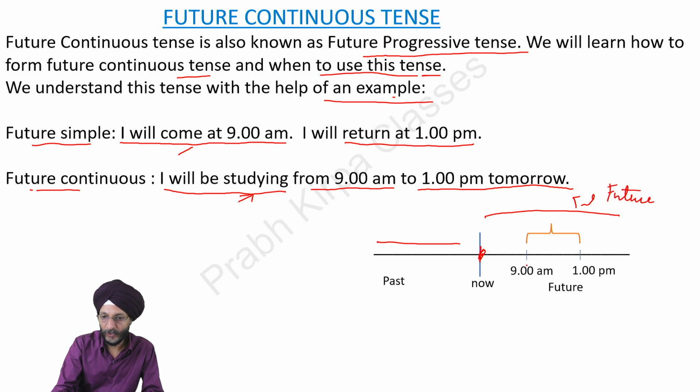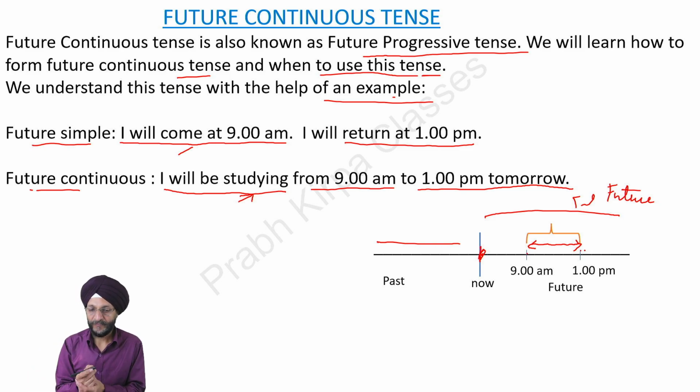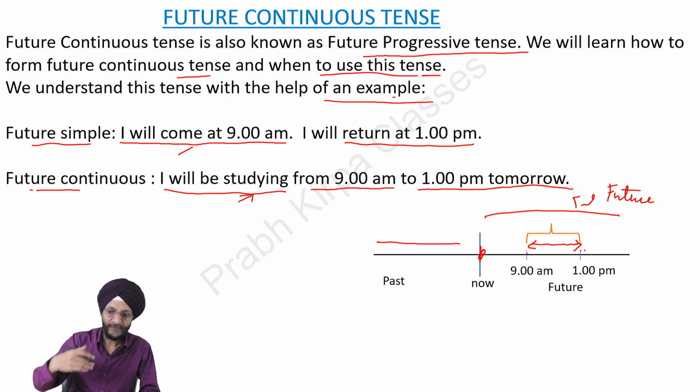We are talking about tomorrow from 9 a.m. to 1 p.m. That is, during this duration I will be studying. This action will be continuous in future from one time to another time. So here we use future continuous tense.